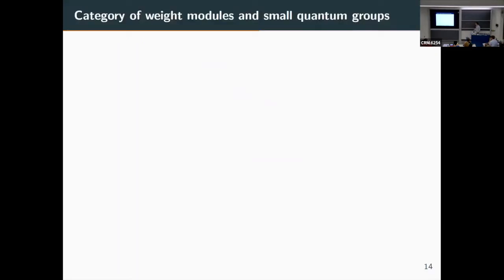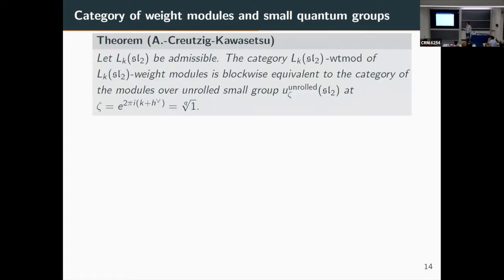And the answer is yes, but you have to consider quite a wide class of representations. So we need to consider the category of weight representations, which are not necessarily highest weight. And the statement is that the category of weight modules of admissible affine sl2 is blockwise equivalent to the category of modules of an unrolled small quantum group at the same root of unity.